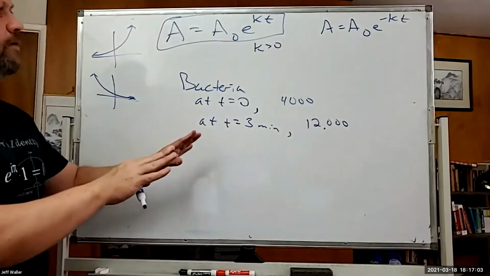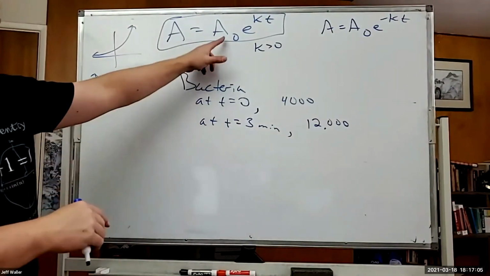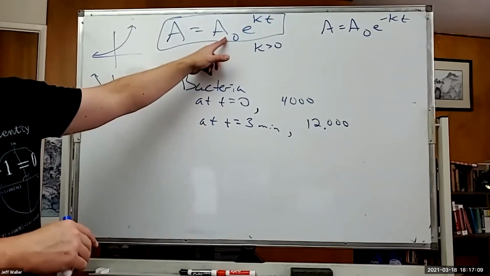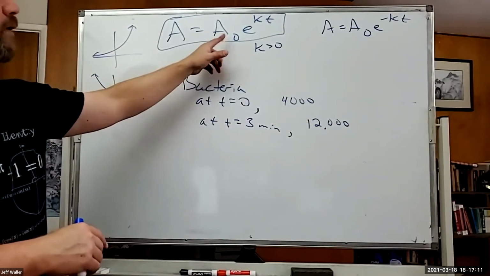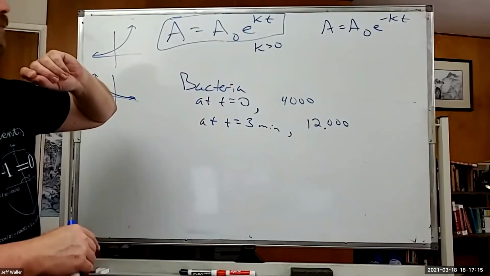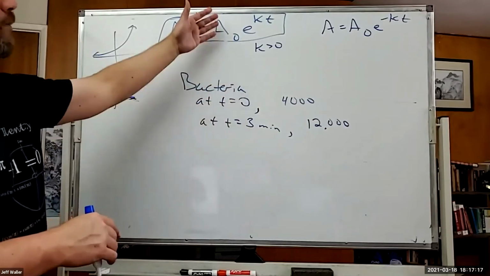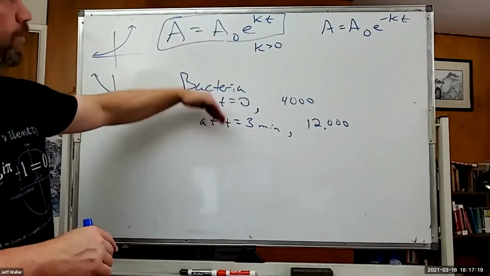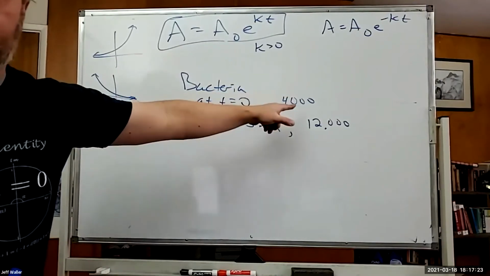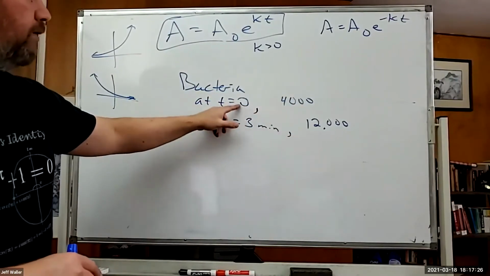Do I have to do any work to figure out what A naught is? If you remember what A naught means, the initial amount, what is A naught? 4,000. Yeah. So you only have to use both points if that's not at 0, right? Because then they didn't tell you the original amount. But here I did. I'm nice.